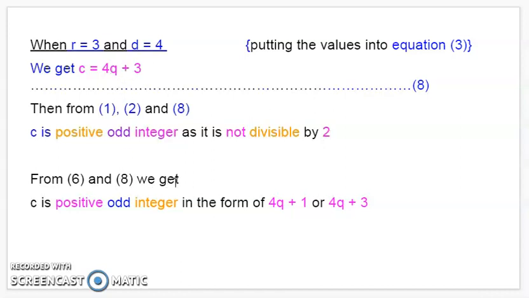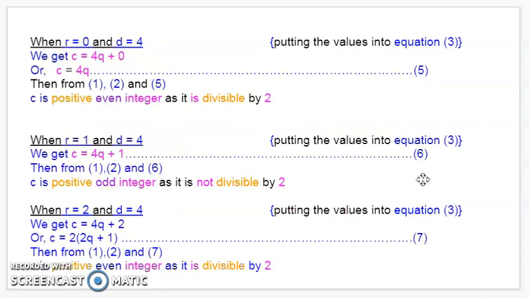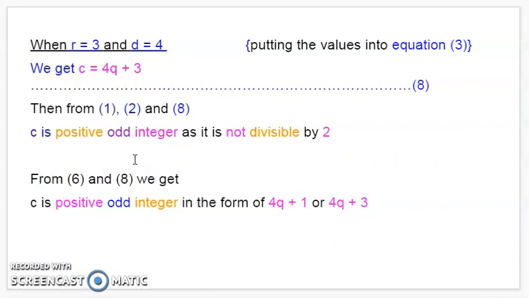So from 6 and 8 we get that c is a positive odd integer in the form of 4q plus 1 or 4q plus 3. The 8th one is 4q plus 3, and the 6th one is 4q plus 1. So from these two points we get that c is a positive odd integer in the form of 4q plus 1 or 4q plus 3.